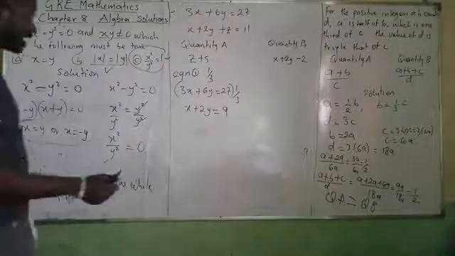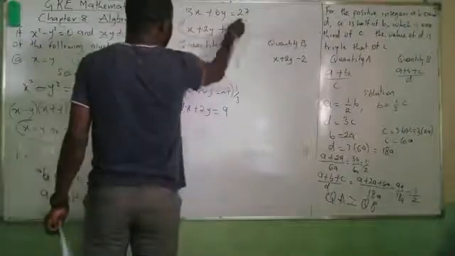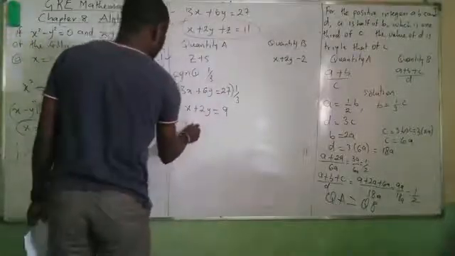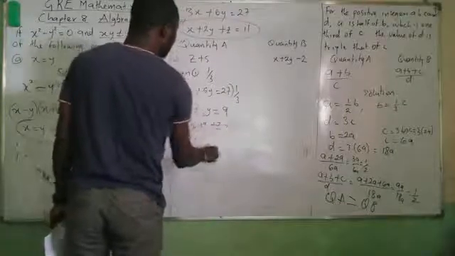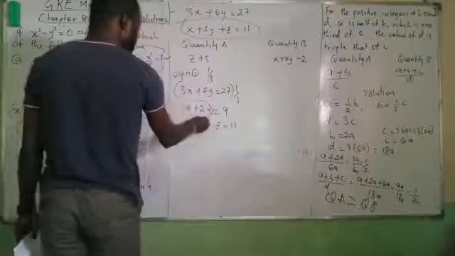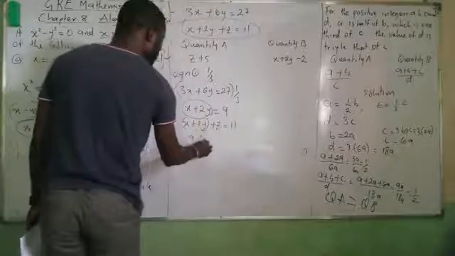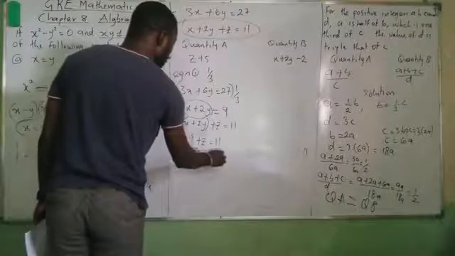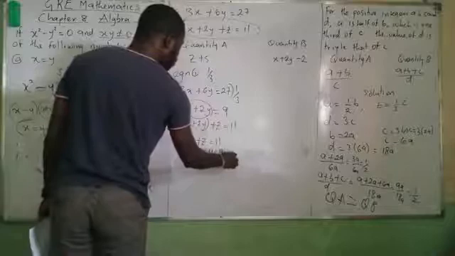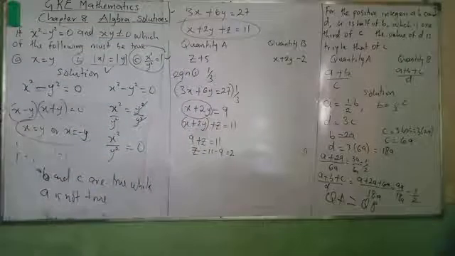It means x plus 2y equals 9. Now, the second statement says I have x plus 2y plus z equals 11. What is my x plus 2y? This equals this. It means 9 plus z equals 11. My z will be equal to 11 minus 9, which equals 2. Now, my z equals 2.